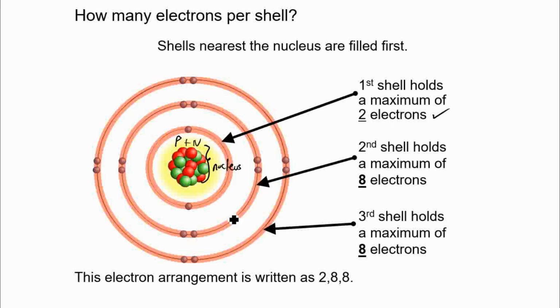On the second shell, you can hold a maximum of 8 electrons, and for GCSE purposes, the third shell can hold a maximum of 8 electrons, okay? And any remainder will go on the fourth shell, okay? For GCSE, you will not pass the fourth shell. Any remaining electrons go on the fourth shell, okay?